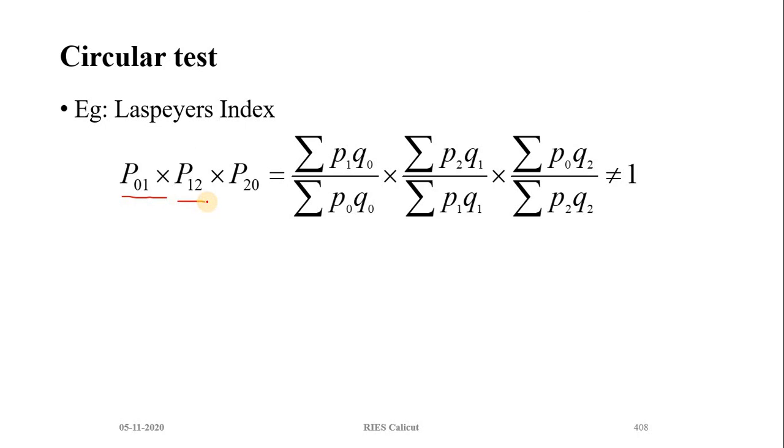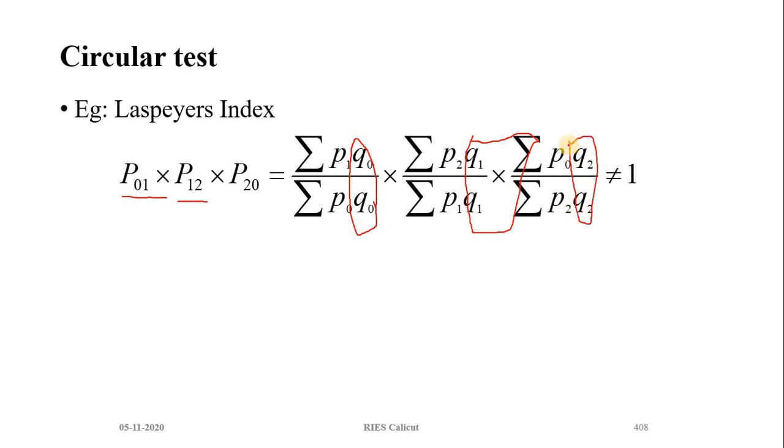Price index number for period 2 keeping 1 as base, into P20, the price index number for period 0 keeping 2 as base. All combinations are taken, you should get 1. Look at this: P1 Q0, here this is the weight, here Q1 is the weight, here Q2 is the weight.